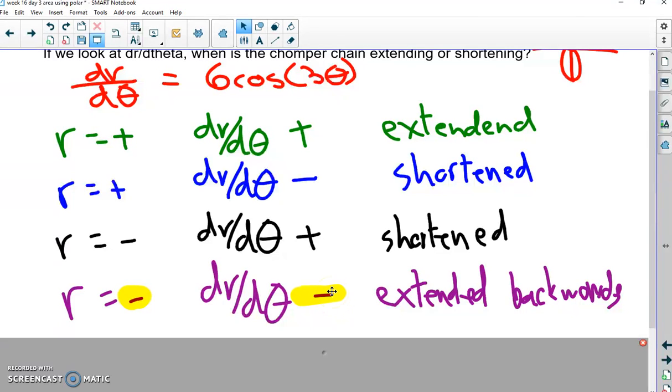When are dr/dθ and r opposite? If I ask you, when are you running away from the origin, when is the Chomper trying to reach past the origin and go further away? That's when your dr/dθ and your r are both positive, or when dr/dθ and r are both negative.